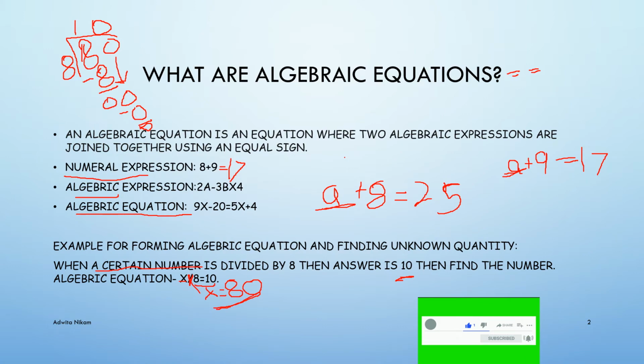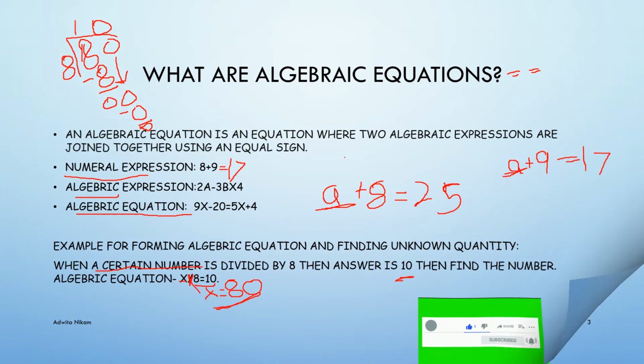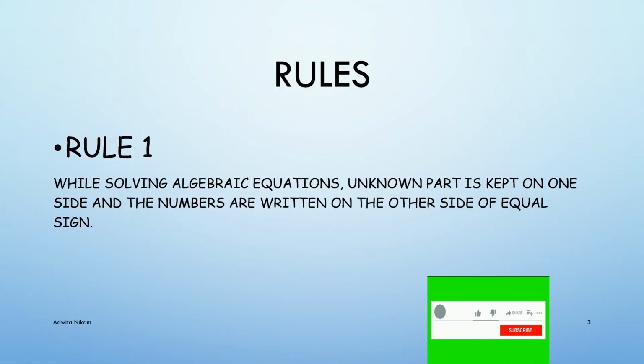So this is how we form an algebraic equation and find the unknown quantity. Now let's check the rules. Rule number 1 is, while solving algebraic equations, letters are kept on one side and the unknown part is kept on one side.